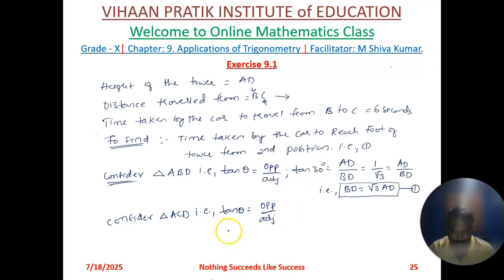Which will equal tan 60 degrees equals opposite, which is obviously AD, but here adjacent changes. Adjacent is CD, which is the distance which we require. Now which will equal root 3 equals AD by CD. From this, AD equals root 3 CD. Name it as equation 2.